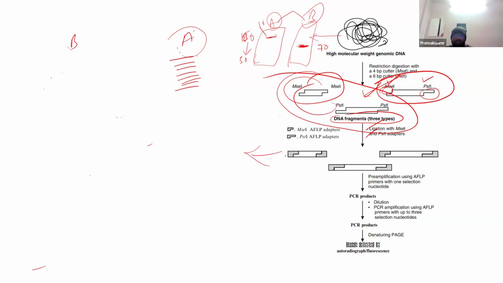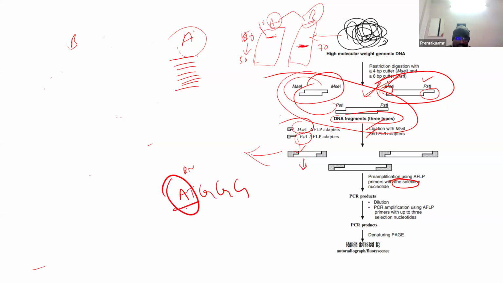Then here also, after ligating with the adapter, one joins with PstI, another one is joined with the other restriction enzyme. Then after you should amplify this. How can we amplify this? You can use random nucleotides only, but there is one or two first with one selection nucleotide. For example A, T, G, C were there.